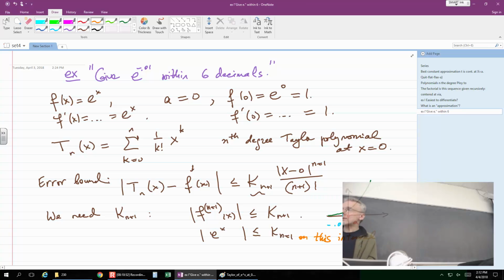So when x lies between these two numbers, we have to have this inequality, and we need to pick a number. It doesn't matter what the index is, we just need a number. We have an idea from last time. So what do you think the estimate should be?